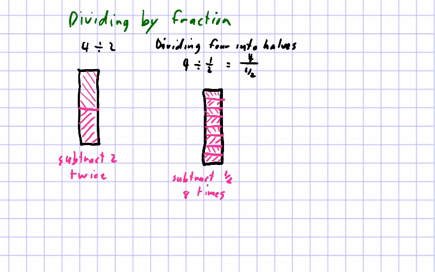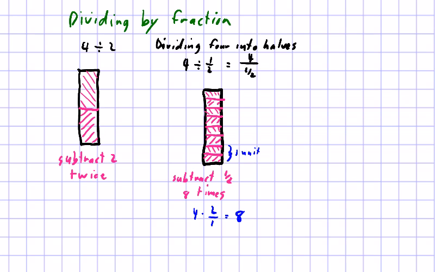Because we've taken each 1 unit and it takes 2 half units to fill each 1 unit. Therefore, 4 times 2 over 1, which is the reciprocal of 1 over 2, is equal to 8. So multiplying by the reciprocal worked nicely.